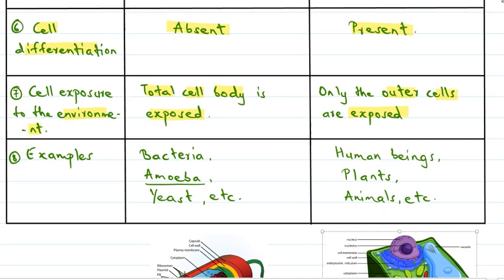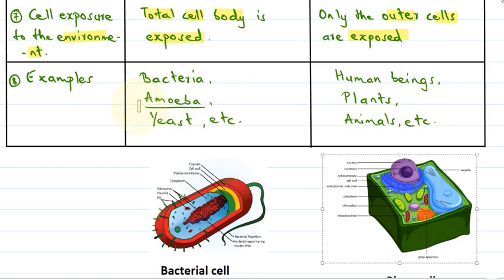Then we talked about a few examples. So in case of unicellular organisms, bacteria, amoeba, yeast are the examples, and the examples of multicellular organisms can be human beings, plants, animals, etc.